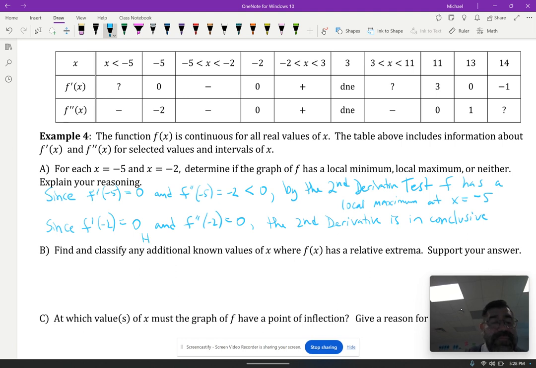However, there's something else we do know. So I can't use the second derivative test like I did at x equals negative 5.